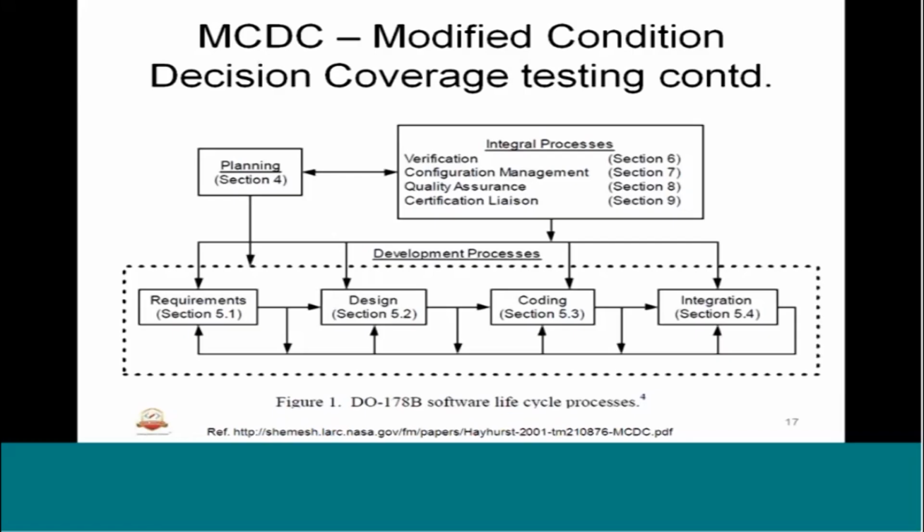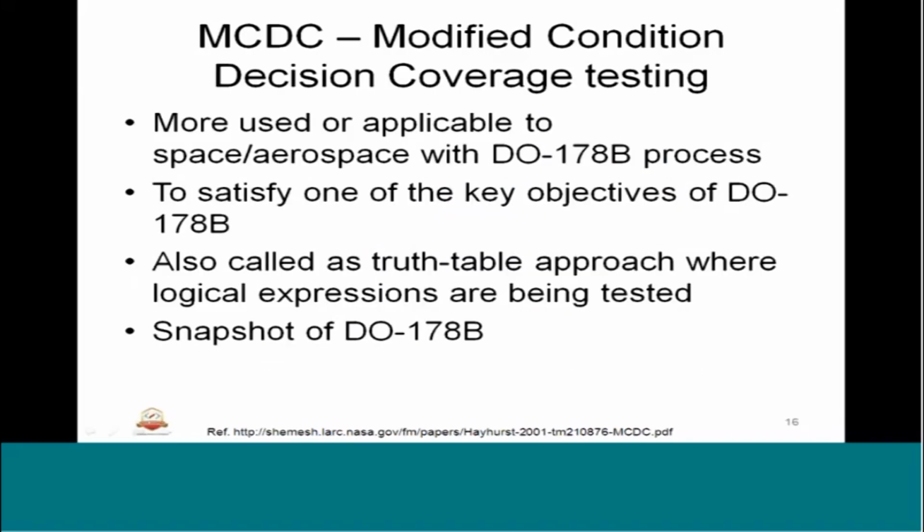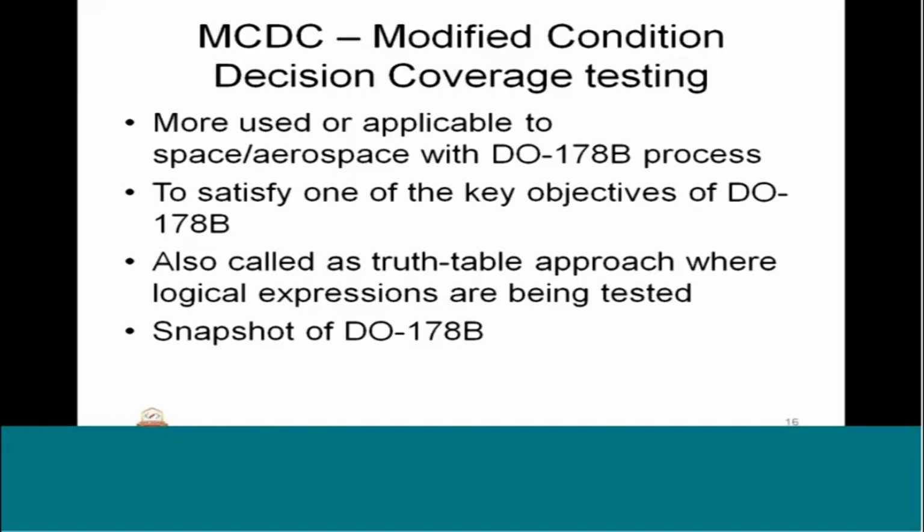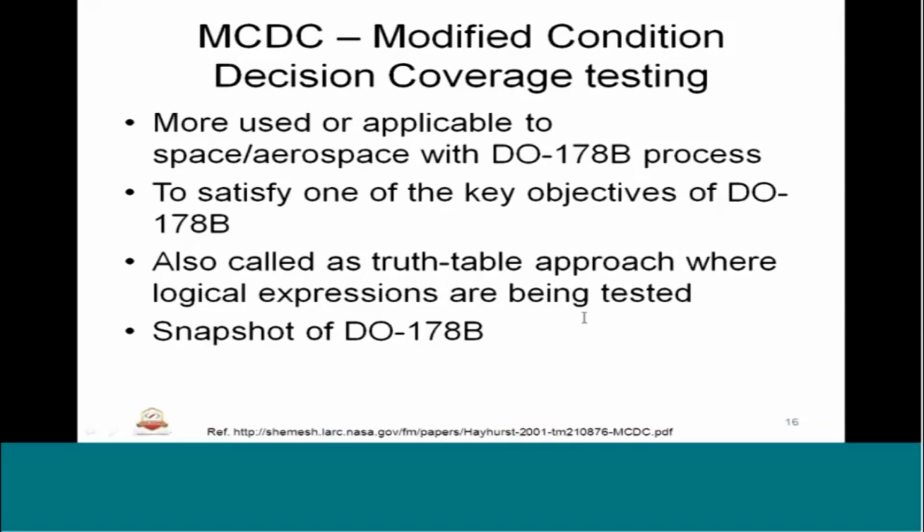For example, if A or B is there, then we'll have test cases. For MCDC, what we have is independence, as I said, again I'll repeat, A or B. Then we will have some statements executed.